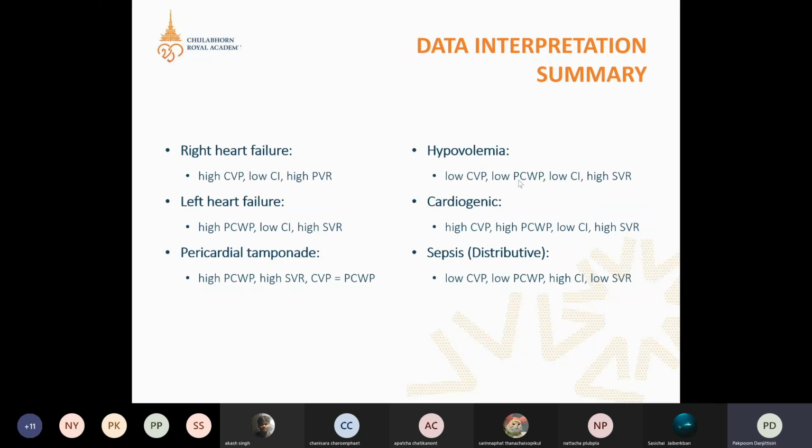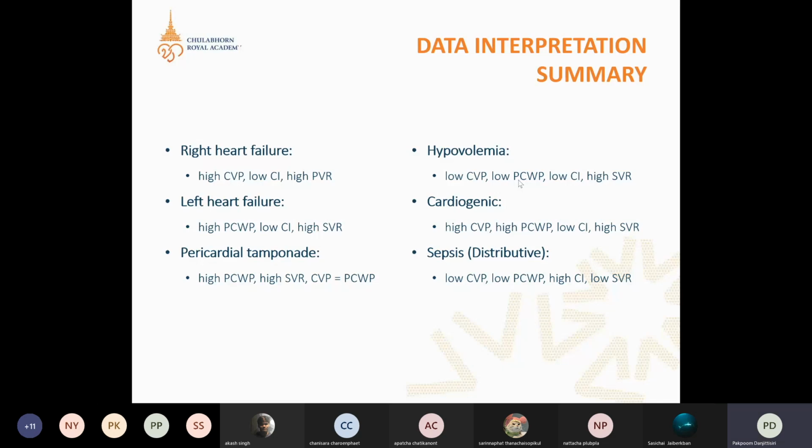This is the data interpretation summary. I just want to show you, but if you want to understand more, you can come back to review the abnormal intracardiac pressure and the abnormal pulmonary vascular resistance or systemic vascular resistance, and try to think about which condition this will cause in the patient.